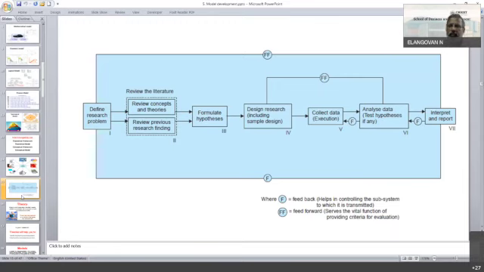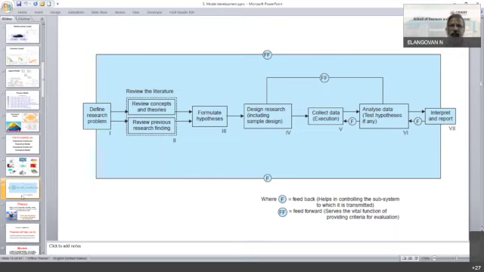Why do we develop a model for our research? Some research may not need a model, or a model may not come out of it. But trying to visualize your research is very, very important. That is where the requirement of a model in research was felt.